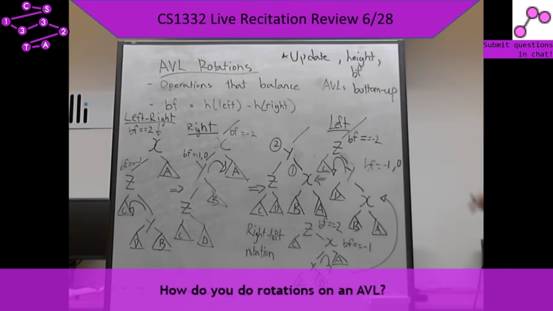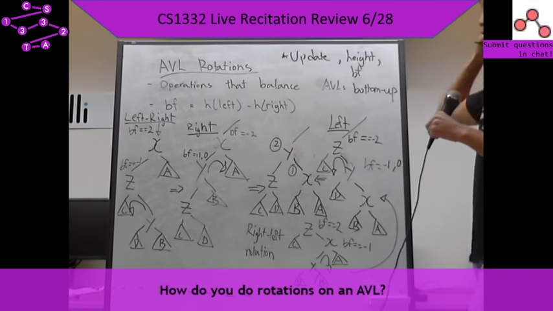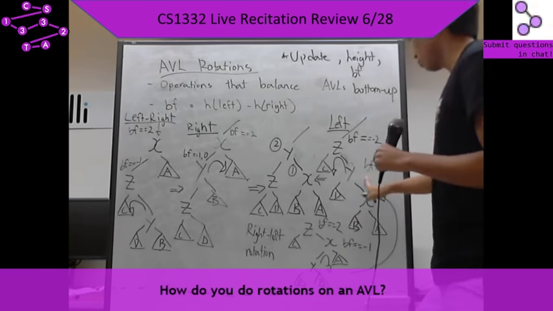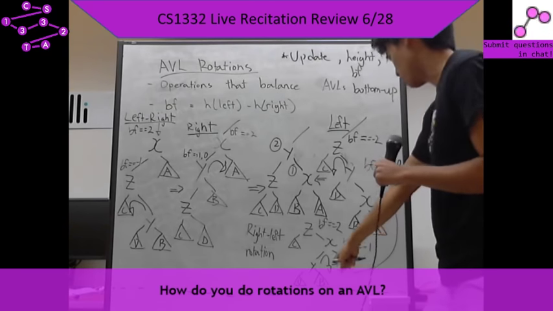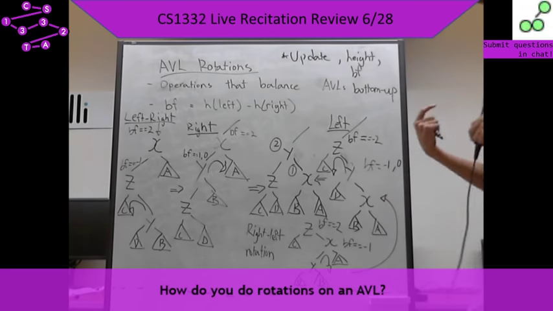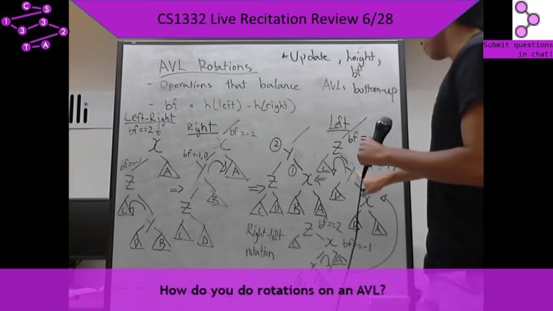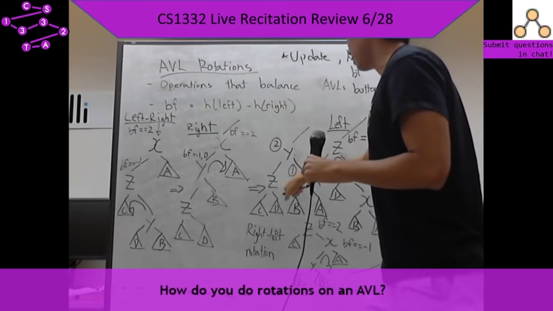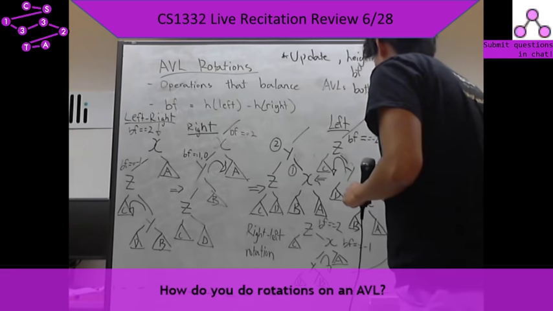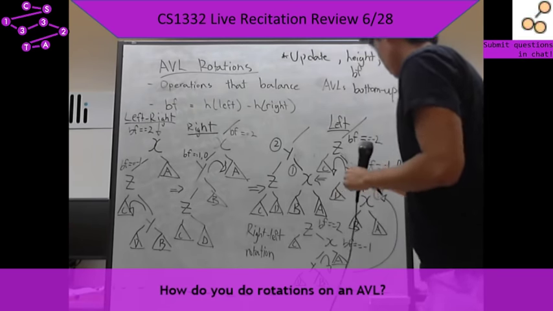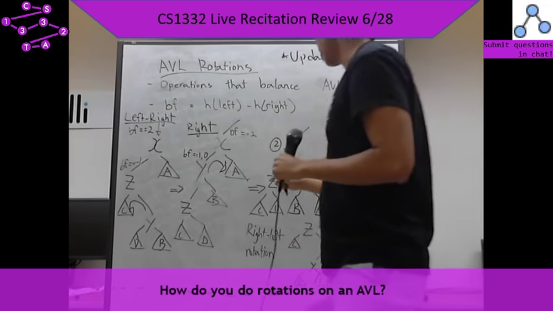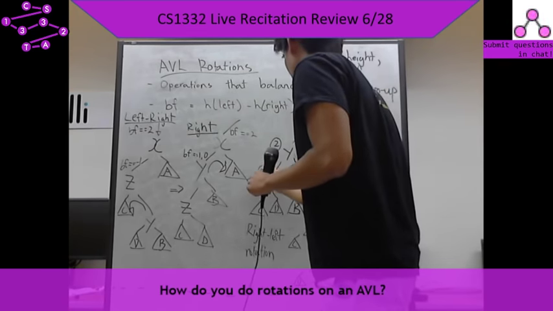Okay, and just to hammer this point, you always want to update the height and balance factor from the bottom up. So in the double rotation case, when you rotate X, you update X first because that's what ends up at the bottom, and then Y, and then Z, and then Y again.